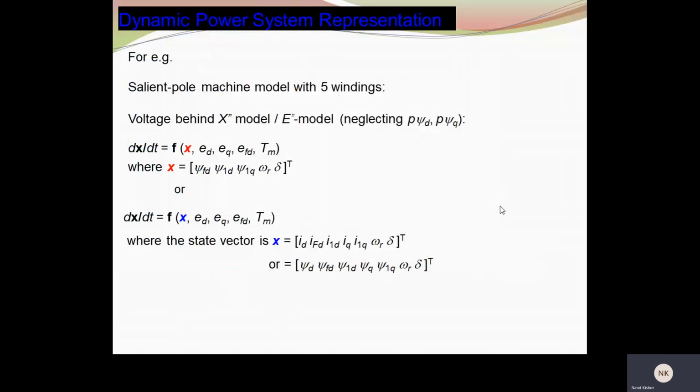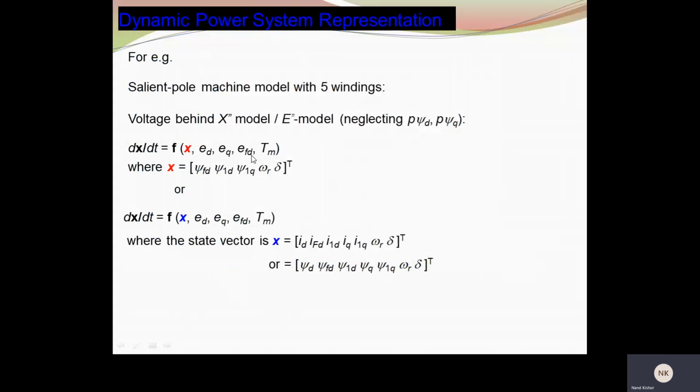Here I have an example. Let us consider that you want to model the salient pole machine which has 5 windings, and we consider the internal voltage behind the subtransient reactance. Then we can write down the first order differential equation of the state variables as some function f, which will have x, the state variable, and some more terms like ED, EQ, EFD.